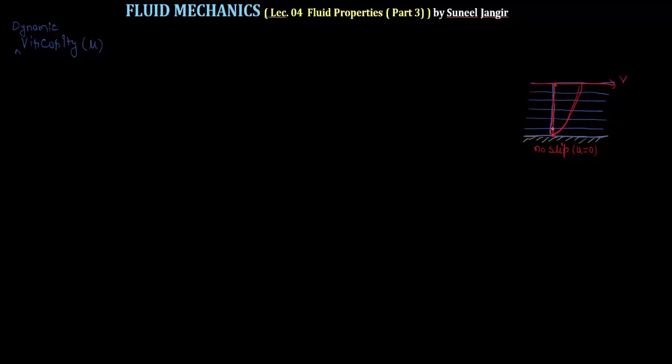For the next layer there is some velocity, because between this layer and the solid surface the cohesive forces are so strong that this layer can't slip over it, no slip. But between this layer and the next layer the forces are less strong. That's why this layer will slip a little bit, and that's why there is some velocity of this layer, this much.